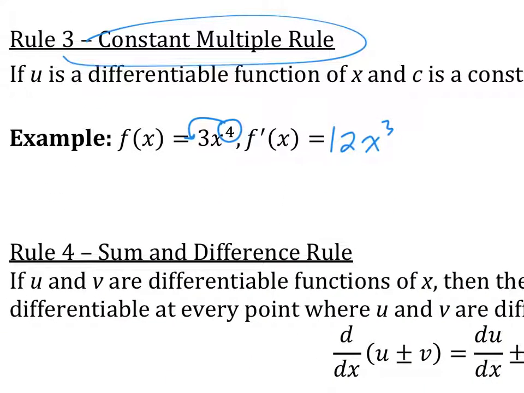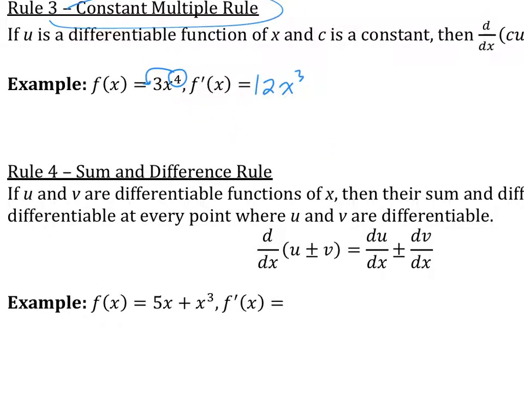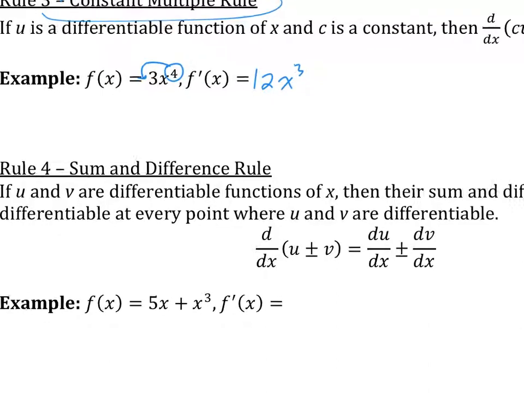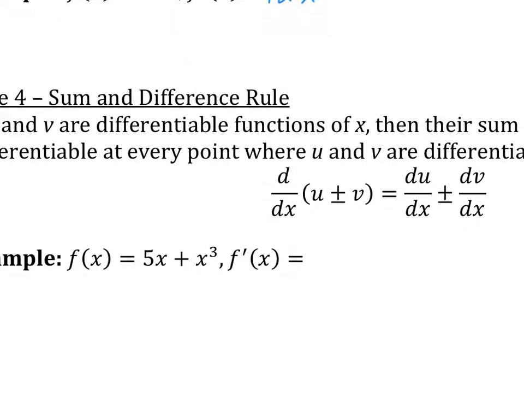Okay, sum and difference rule. Sum and difference rule just means that if you are adding or subtracting two functions together, you just take the derivative of each term by itself. So there's really nothing special. Derivative of each term. For example, if you have 5x plus x cubed, you take the derivative of each one by itself.